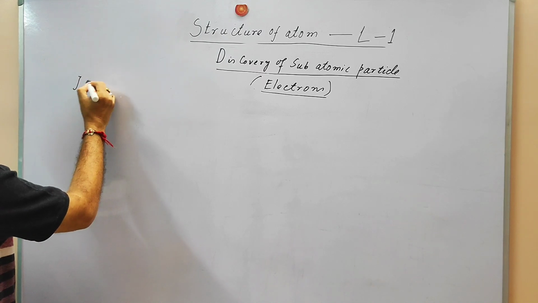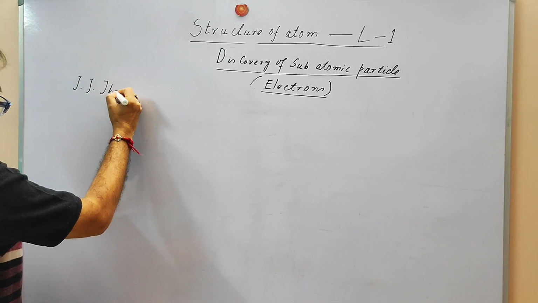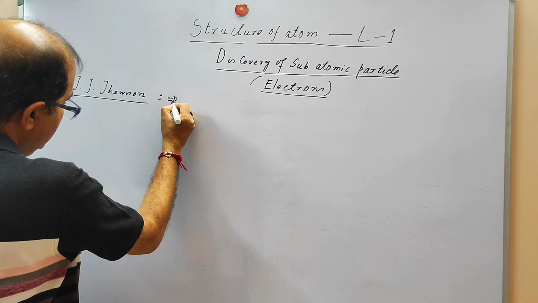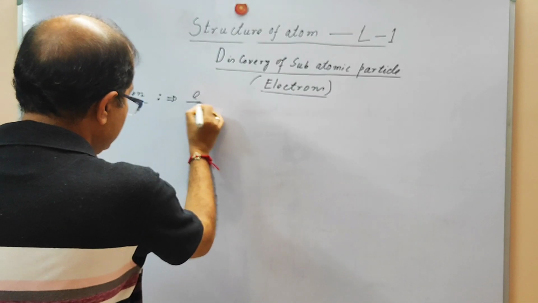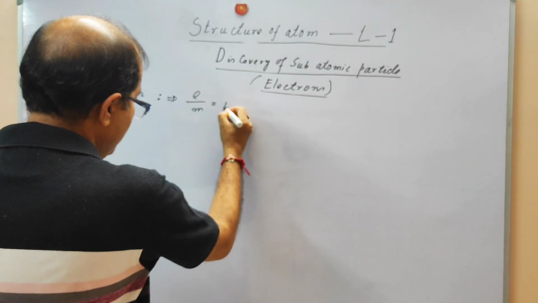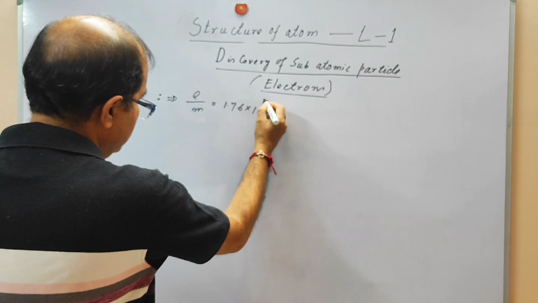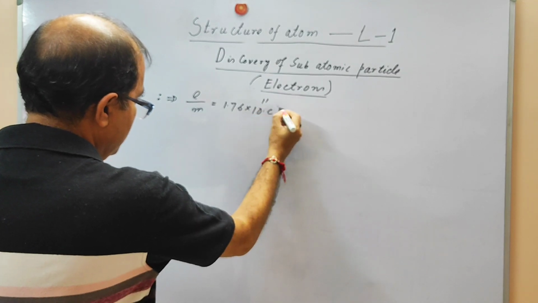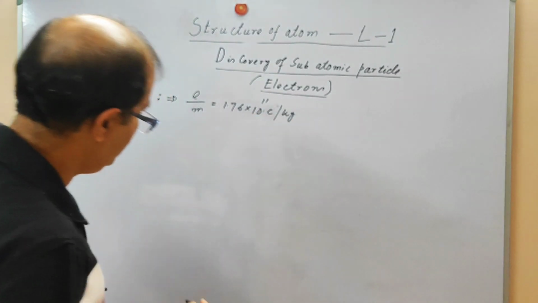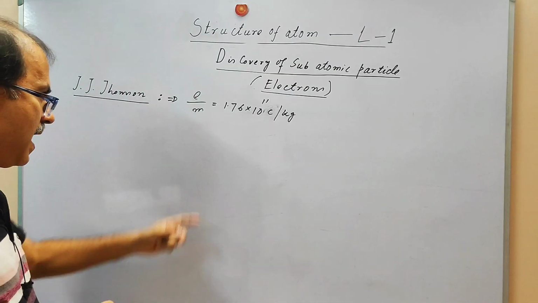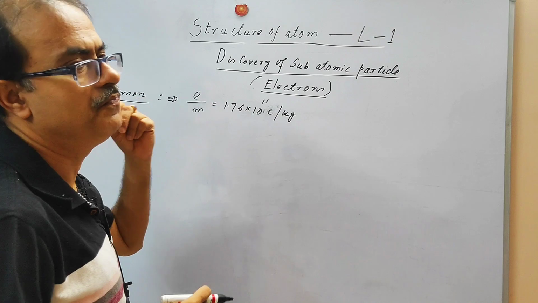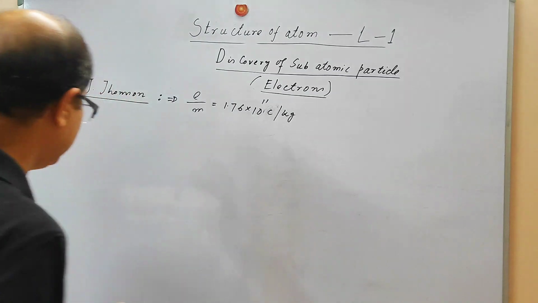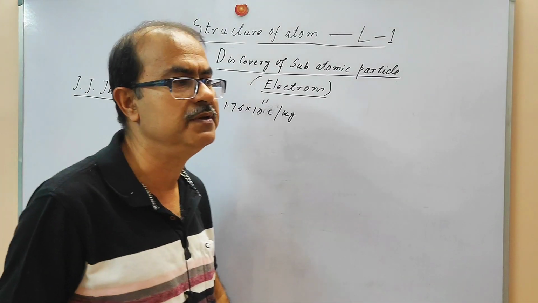For that, J.J. Thomson came and told that the e/m ratio is 1.76 into 10 to the power 11 coulomb per kilogram, where the unit of mass is the kilogram, the SI unit, and the unit of the charge of the electron is the coulomb.